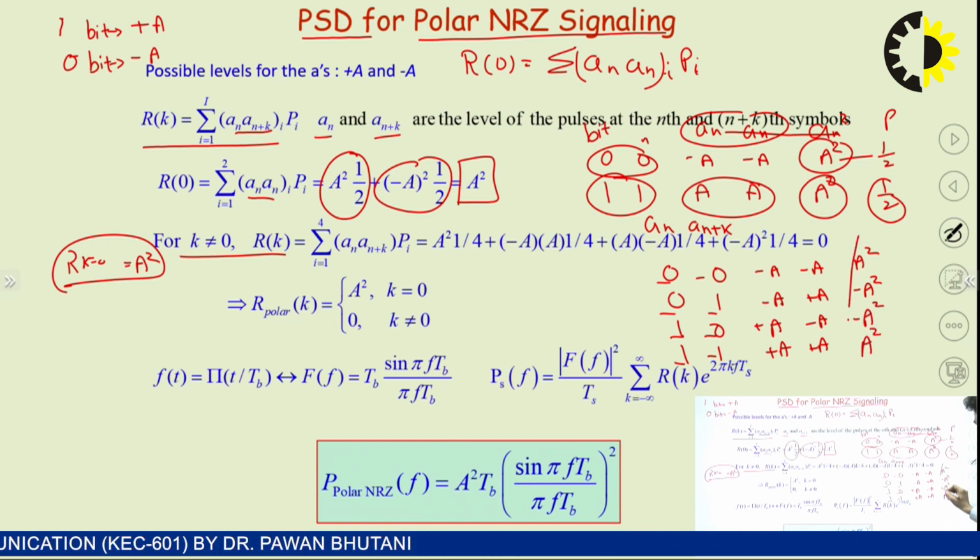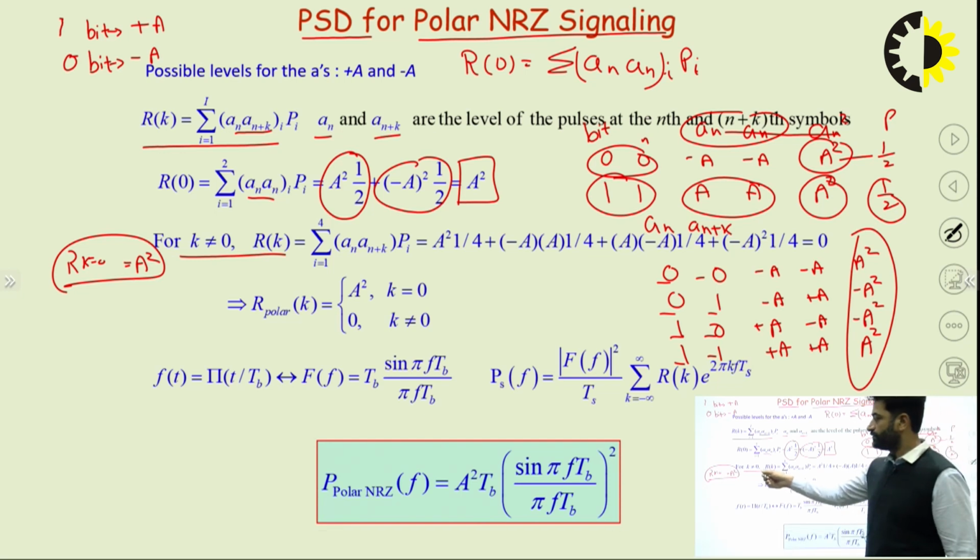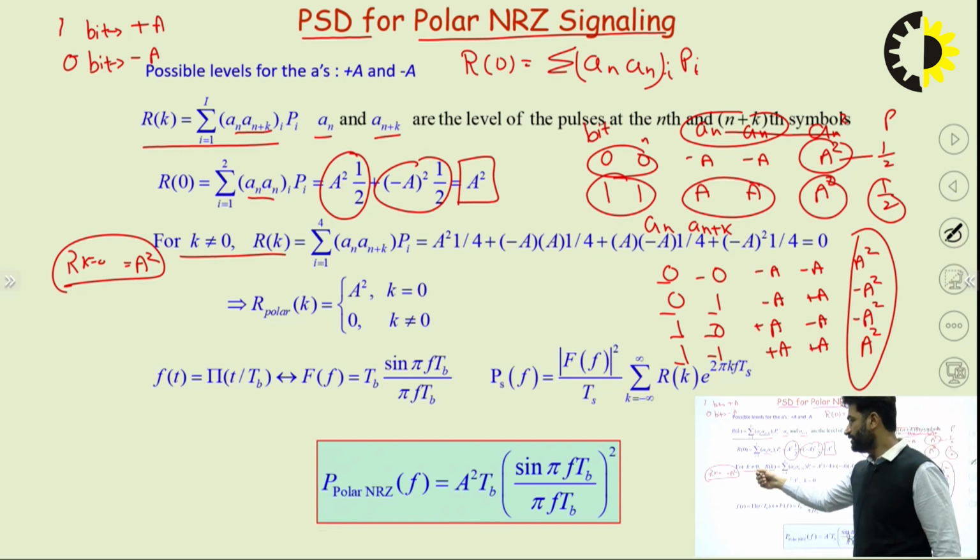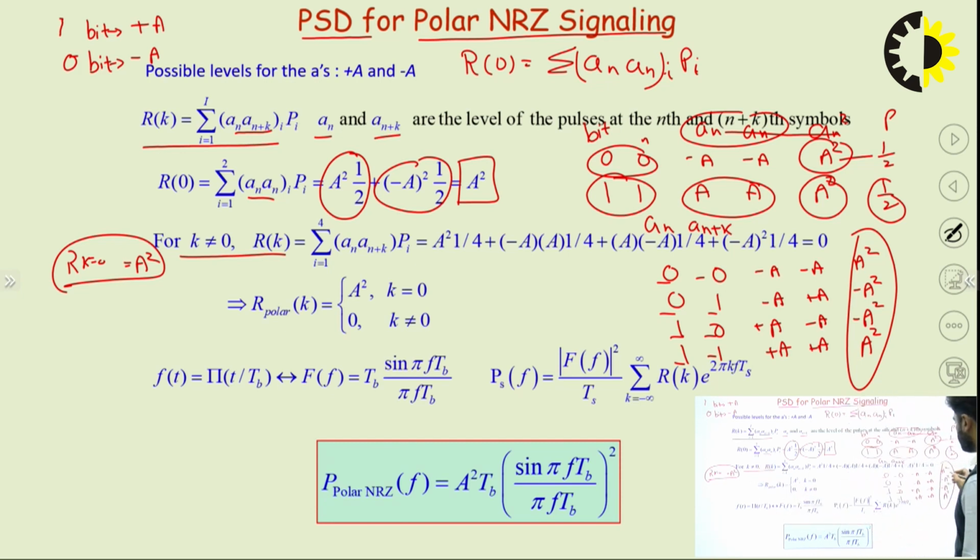These are the four possible outcomes when k is not equal to 0, and the probability of each event is 1 by 4.